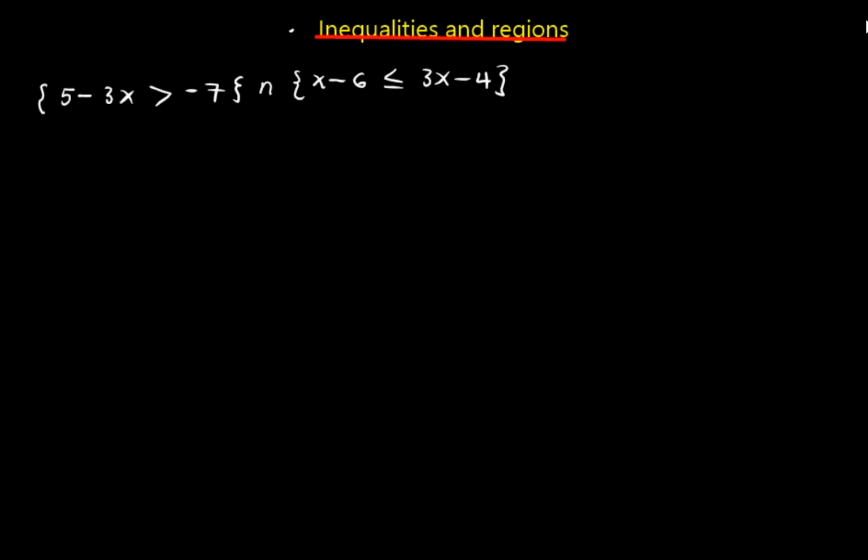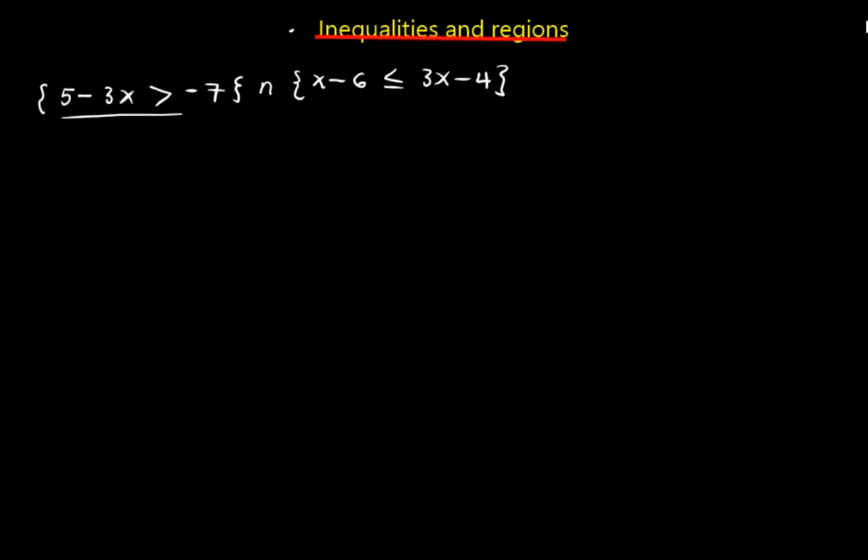Is that okay? They are telling us using a number line, find the integral values of x which satisfy the following set. The first set is 5 minus 3x is greater than negative 7, intersecting with x minus 6 is less than or equal to 3x minus what? 3. So we are going to first deal with this set.